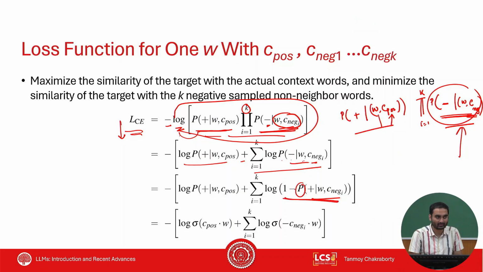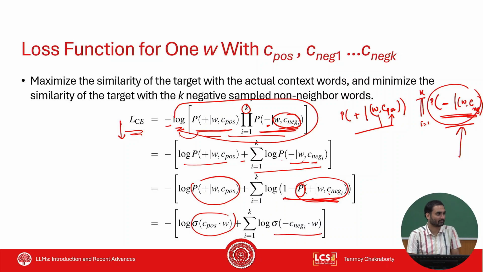And how do we measure this probability? Using sigmoid and dot product. So this probability is replaced by sigmoid. This will be replaced by sigmoid. 1 minus sigmoid x is sigmoid of minus x. So this is the same as sigmoid of minus x. So this is the objective function that I want to minimize now.